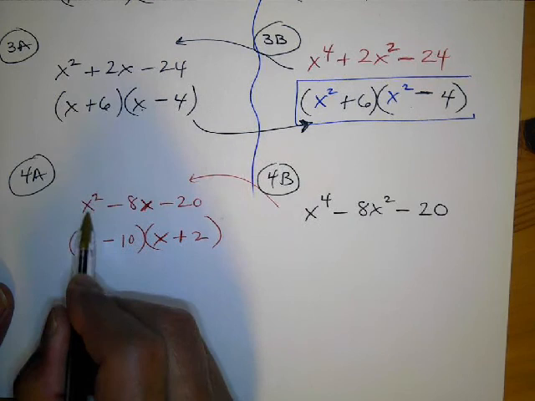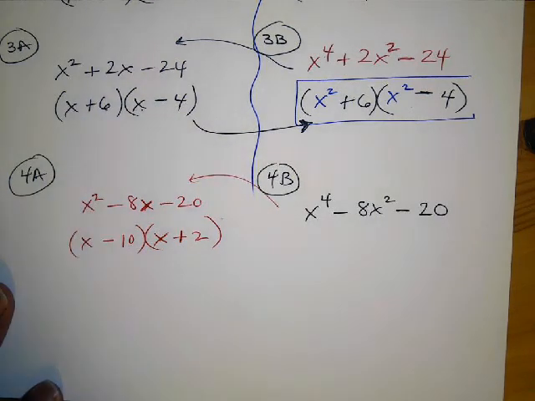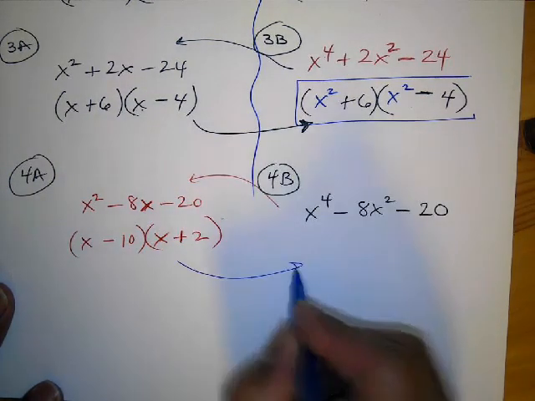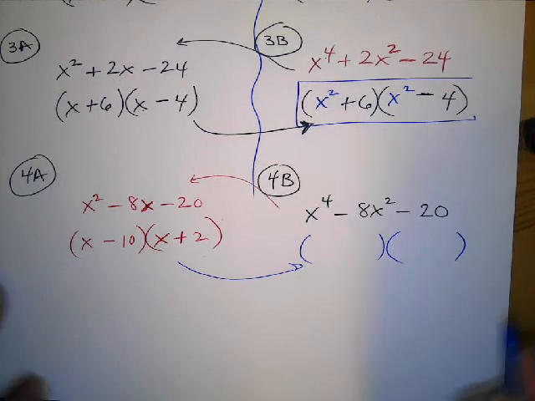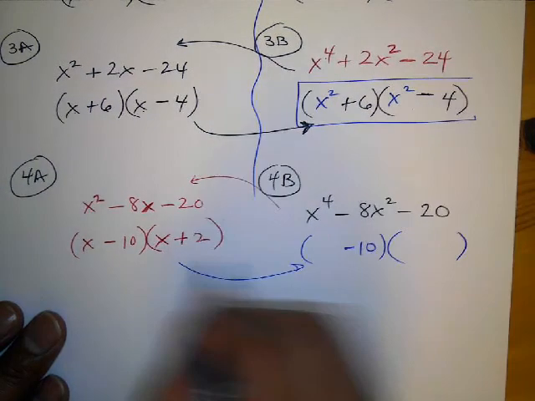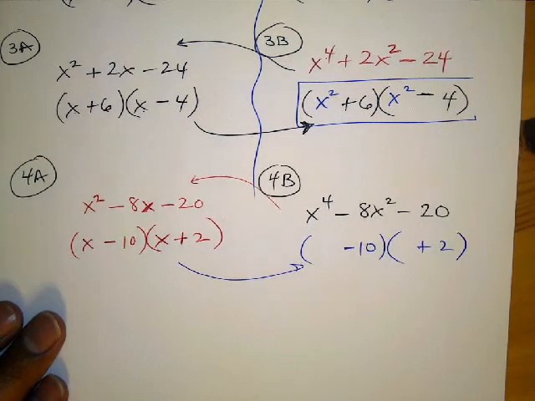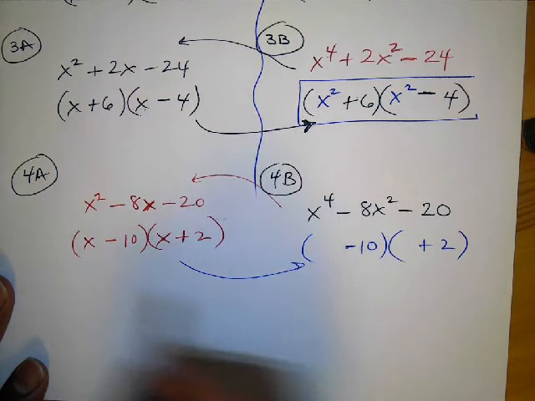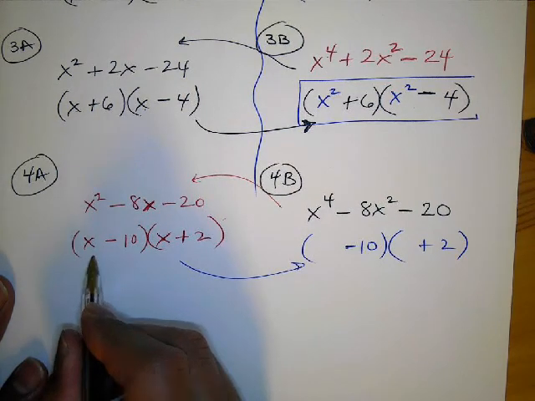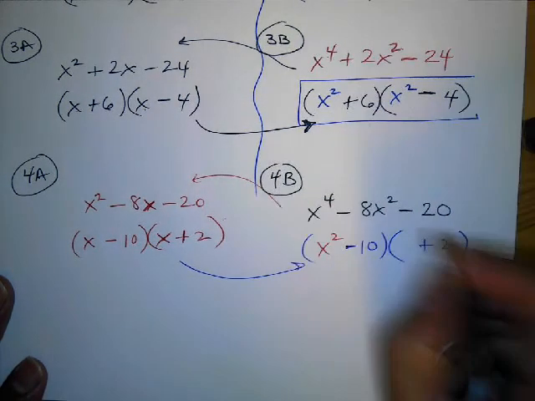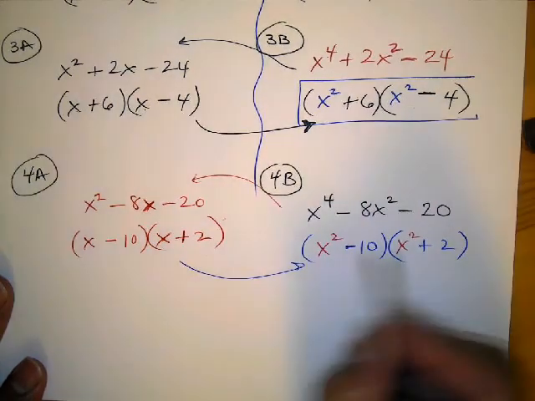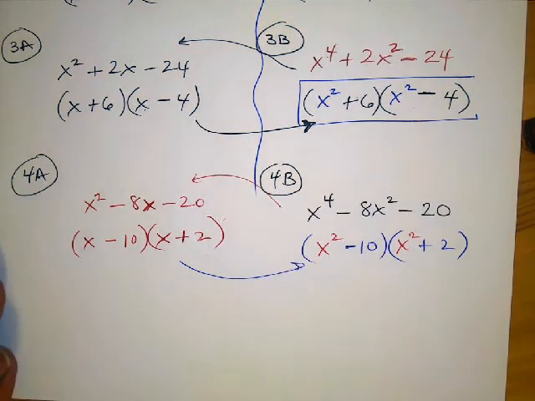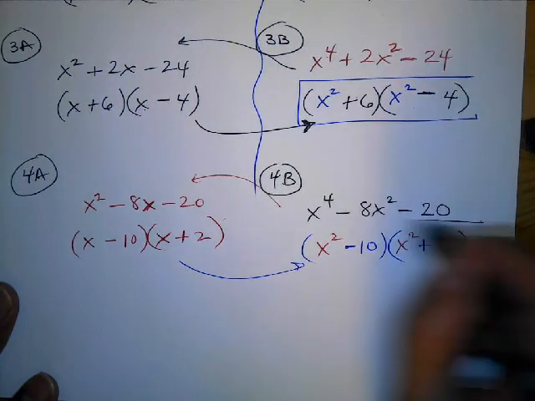Okay, so if this is the way it factors for this, then now I get this, and now I know how it factors for this one. It's still going to be minus 10, and it's still going to be plus 2. But here is going to be what? X squared and x squared, right? Because x squared and x squared gives me x to the 4.